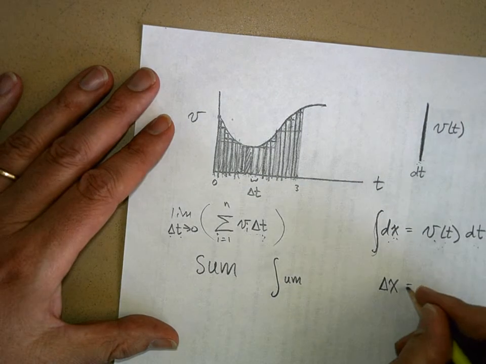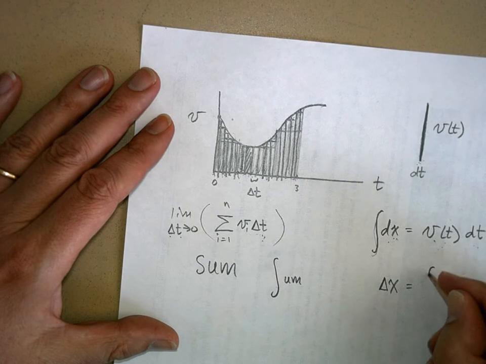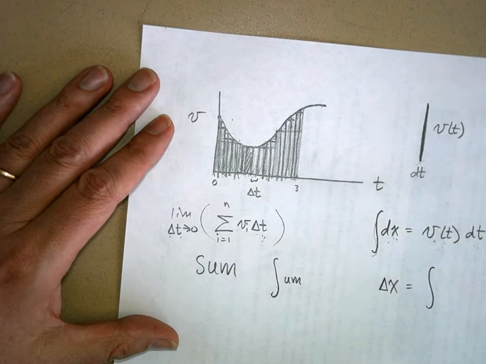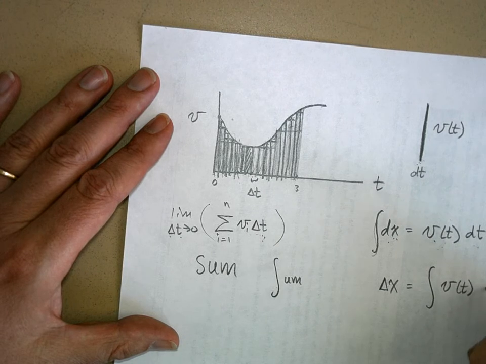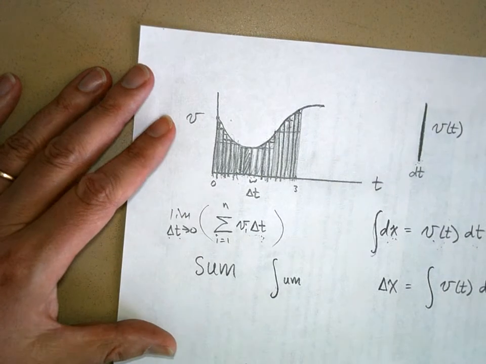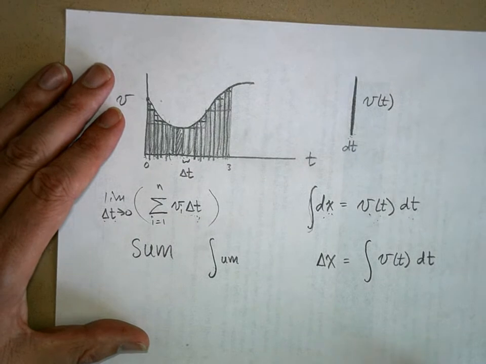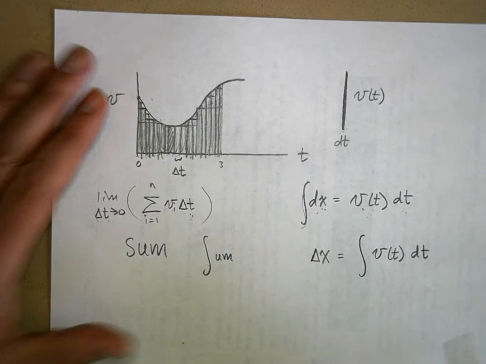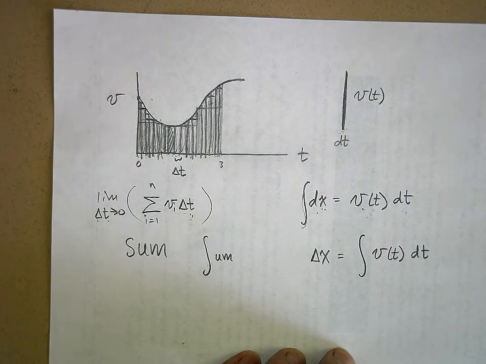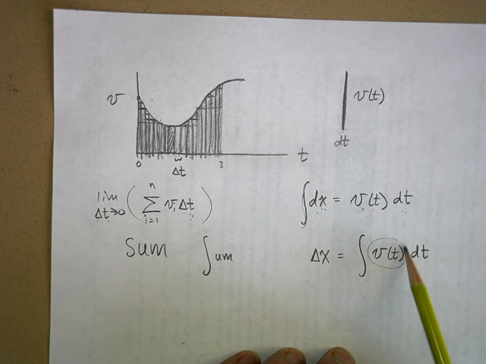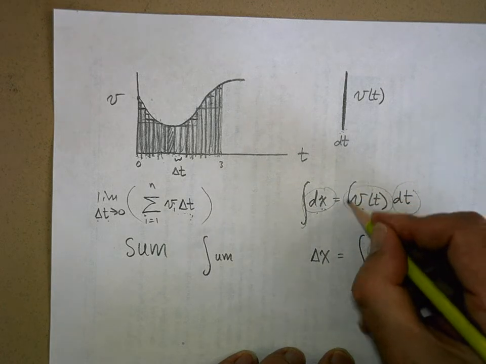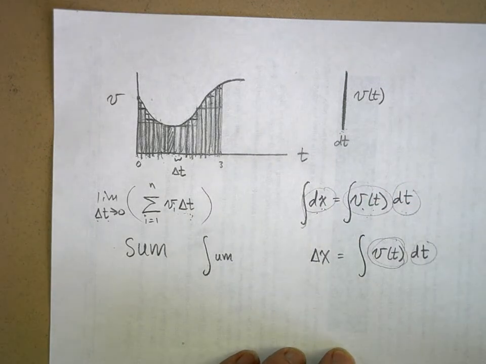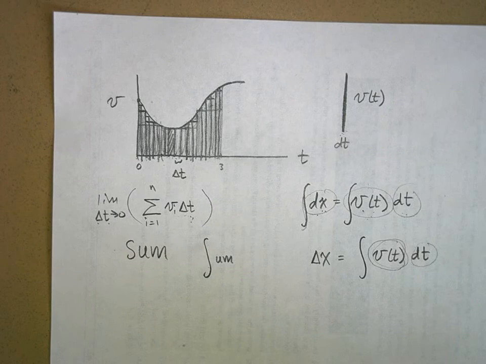Well, to do that, I have to sum all of my little products of velocity as a function of time times time. Tell me if I'm off screen. This is a product, folks. A product of velocity and time. Velocity times time gives me displacement. But when I add them all up, I add up all these little tiny products to get my total answer.